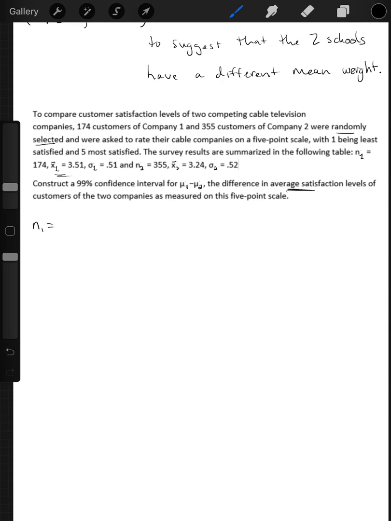So we need to set up all of our information about Company 1, and all of our information about Company 2. And this problem was just nice and obliging enough to go ahead and lay out what all those values are. Right? The ns we could have figured out from here and here, right? But the rest of it, it just gave us the data flat out.